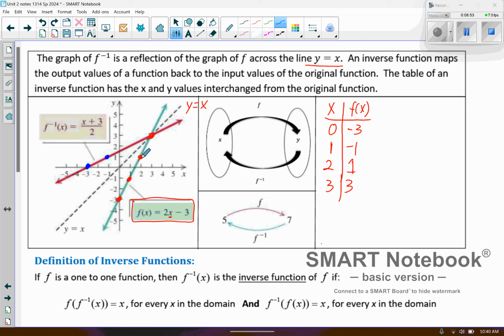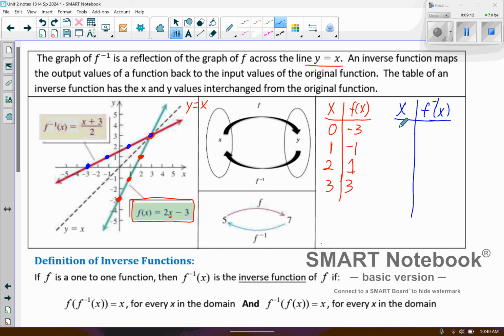And so what's happening here is the x and y values are just getting interchanged. If you just switch the order of them, you'll see when I create a table for the inverse function, f inverse.